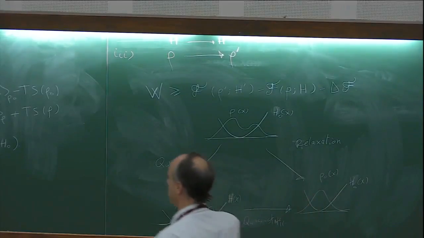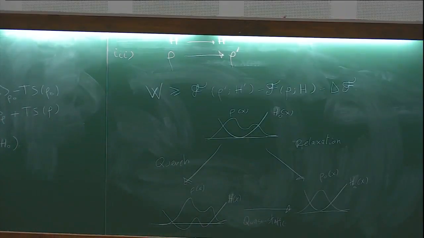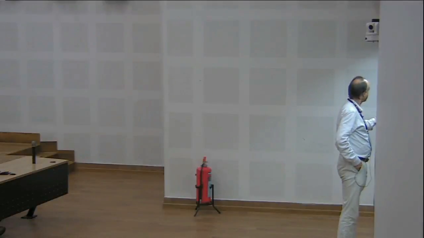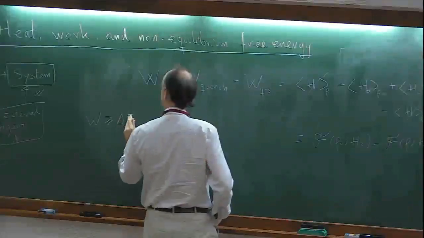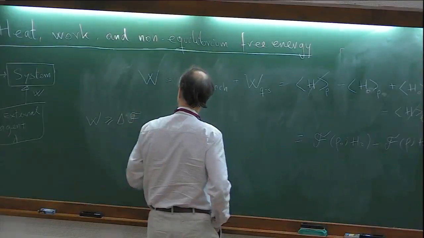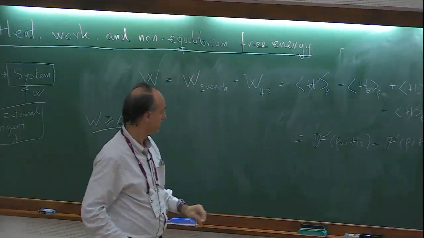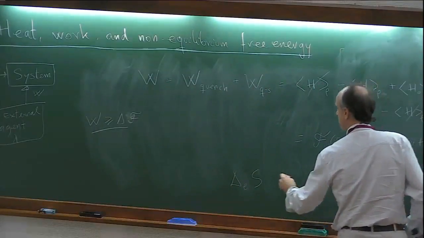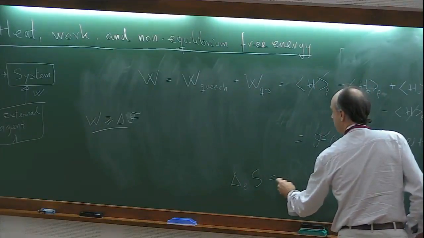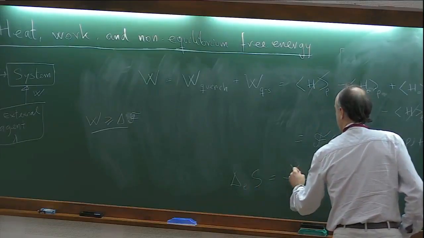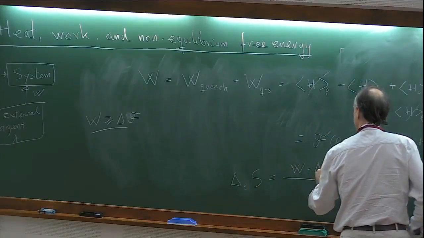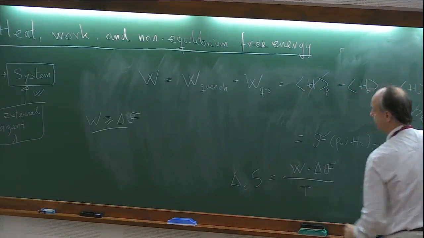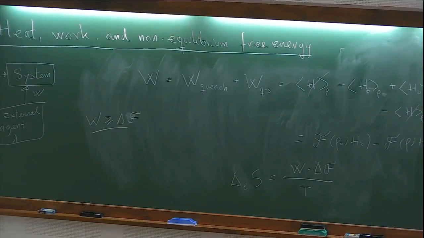So here you have this inequality that we have shown before, that the work must be bigger than delta F. Here is an equality because it's reversible. Actually, we can define an entropy production, which is just the excess of the work that we have done divided by the temperature. This is an entropy production.